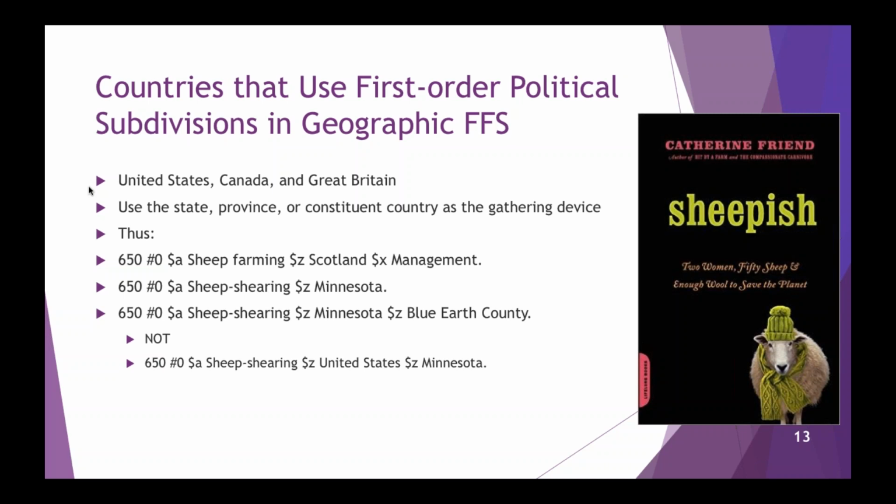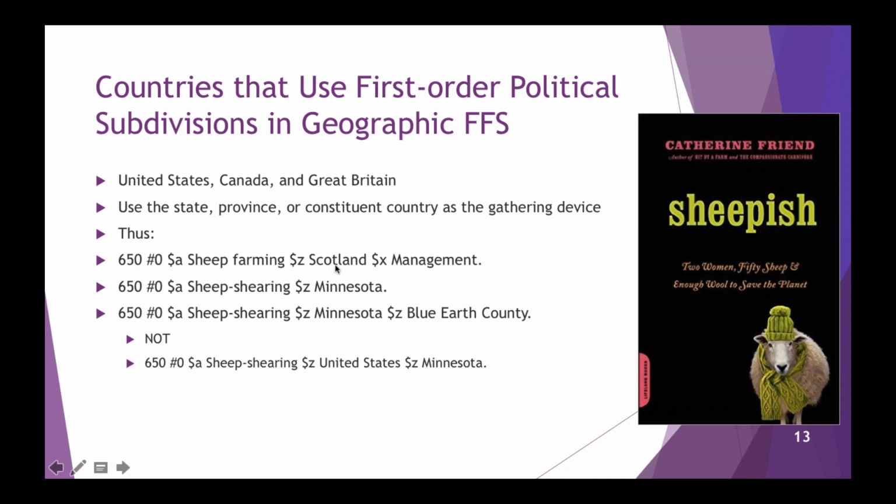And when this type of structure happens, you cannot use the country in conjunction with a first-order political subdivision. So, for example, down here at the bottom, you could never have sheep shearing United States, Minnesota. You just can't do that. It's either about the United States or it's about Minnesota sheep shearing. So that's something to keep in mind.